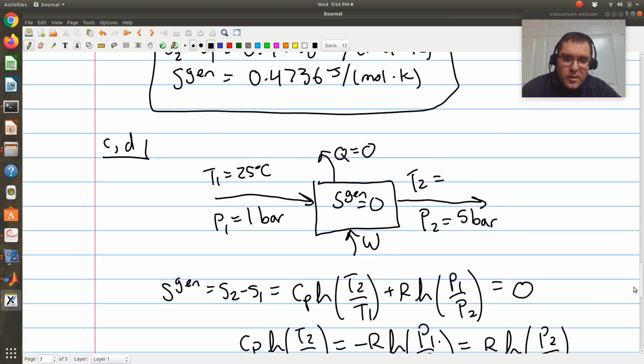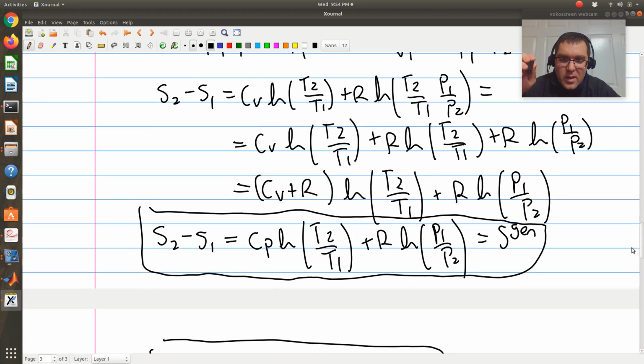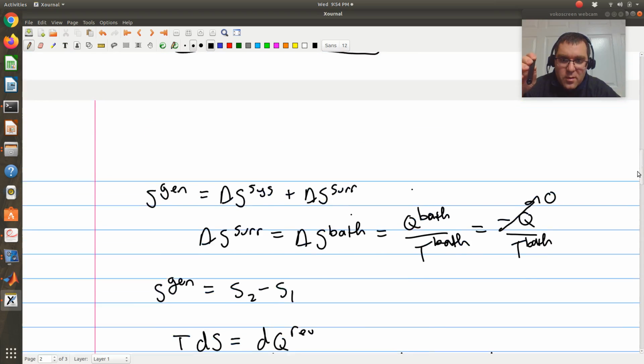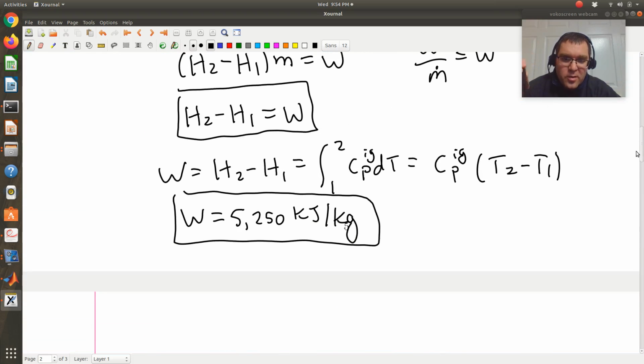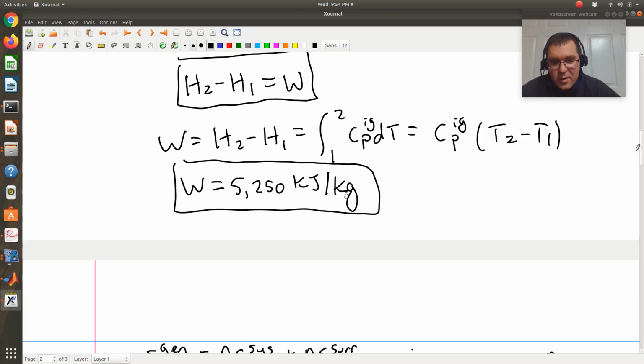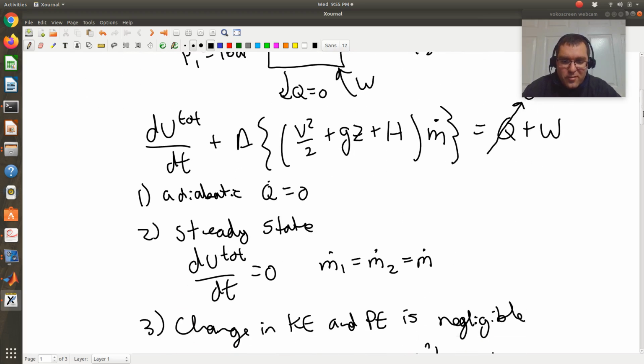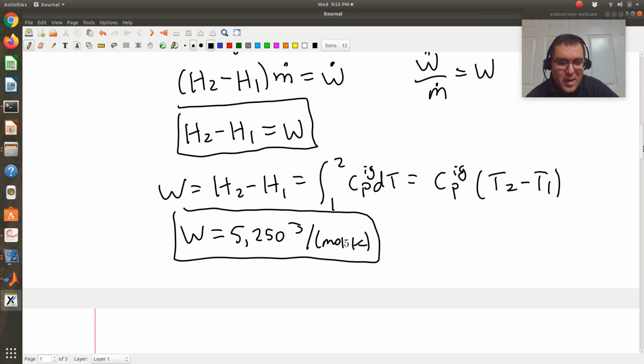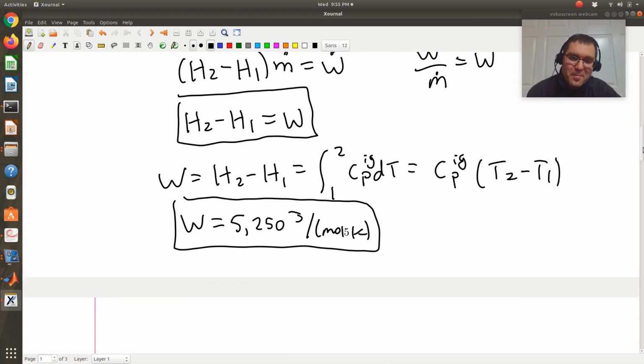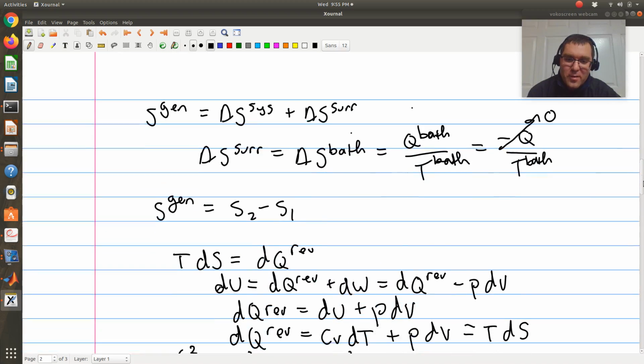For the irreversible case, it's larger, it's 5,250. And I'm thinking in terms of steam tables, this isn't kilojoules per kilogram. My apologies. After all those problems for water, I was thinking in terms of steam tables. Here, for our ideal gas, the units are different.